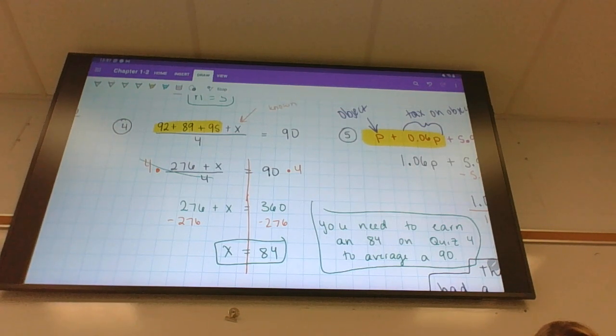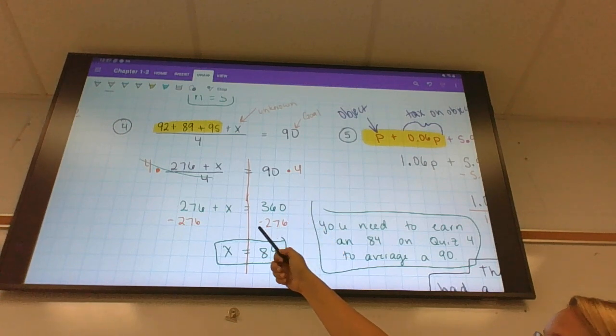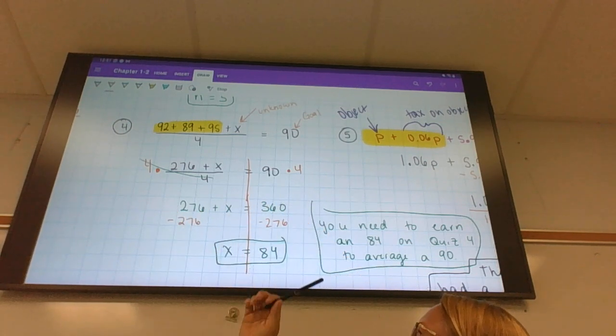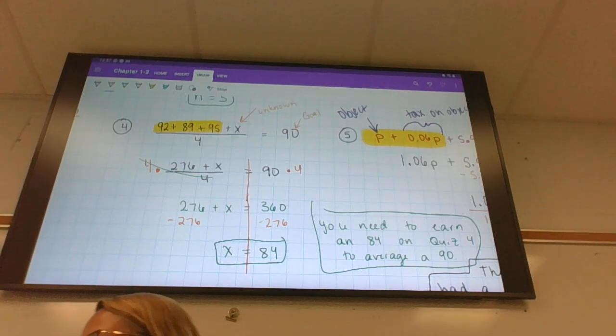This time the letter represents what you don't know. So if it's days of the week and it's all 5 days, there should be a 5 at the bottom. Or if it's all 7 days, there should be a 7 at the bottom. Now you set it equal to whatever the goal average is. So from there we combine like terms, multiply by the denominator to clear it or cancel it, and subtract.